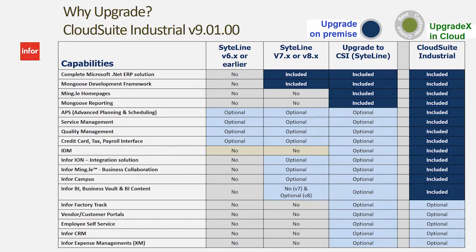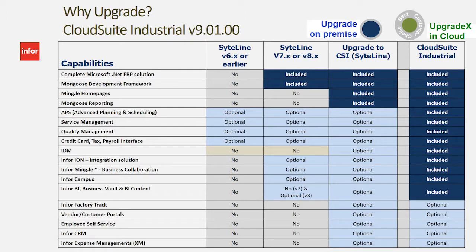So if you kind of focus on the two columns to the right-hand side of this screen, that's showing us which of some of the highlight capabilities are included and optional in your upgrade on-premise and upgrade in the cloud deployments.